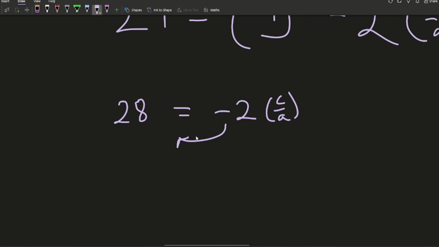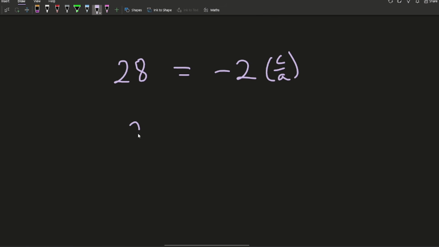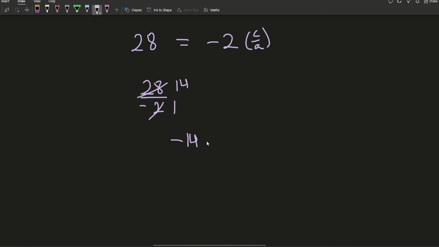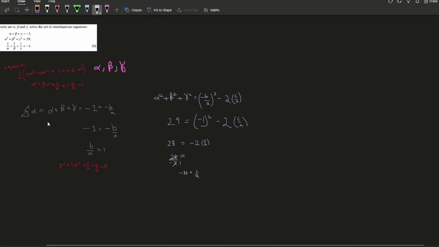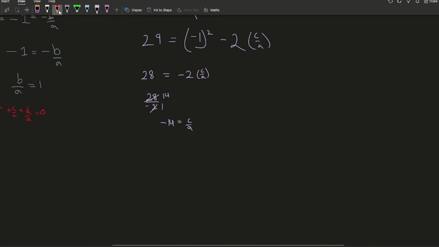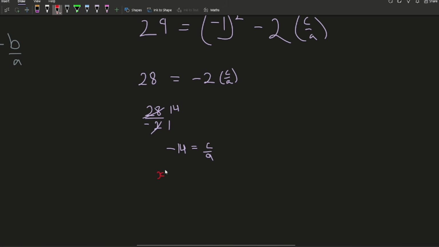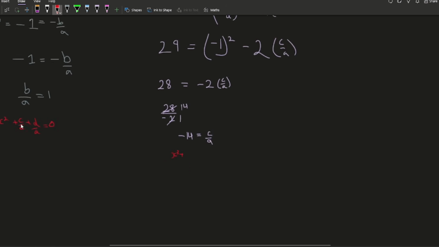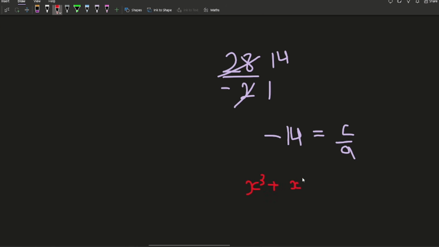Let's take this to the other side. Here it is being multiplied, so on the other side it will be divided. So 28 divided by -2 gives -14, which equals c over a. Now let's rewrite our cubic equation. x cubed plus x squared, with coefficient of 1.